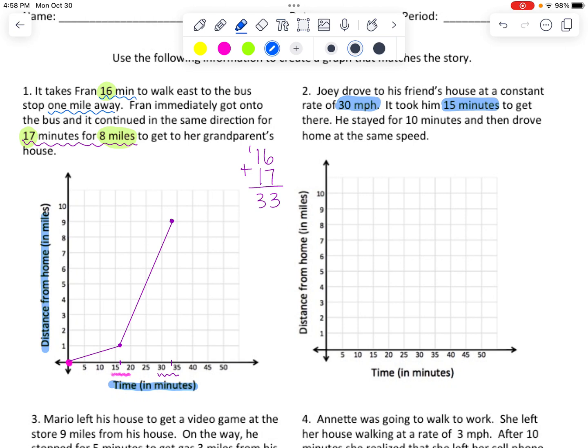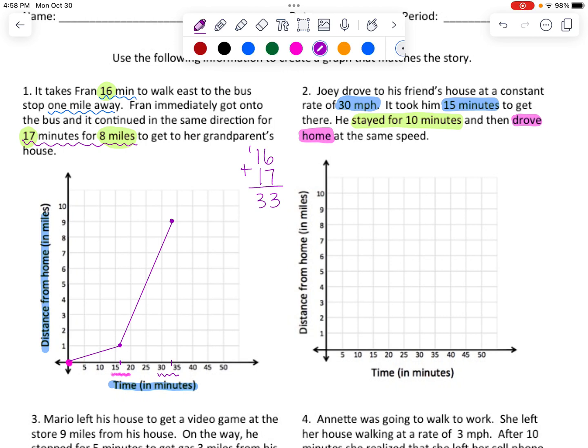So I'm going to have to do some sort of math in order to get a number that I can use for this graph. Then he stayed for 10 minutes. Think about what that means as we move on, reading the rest of the question. And then drove home at the same speed.